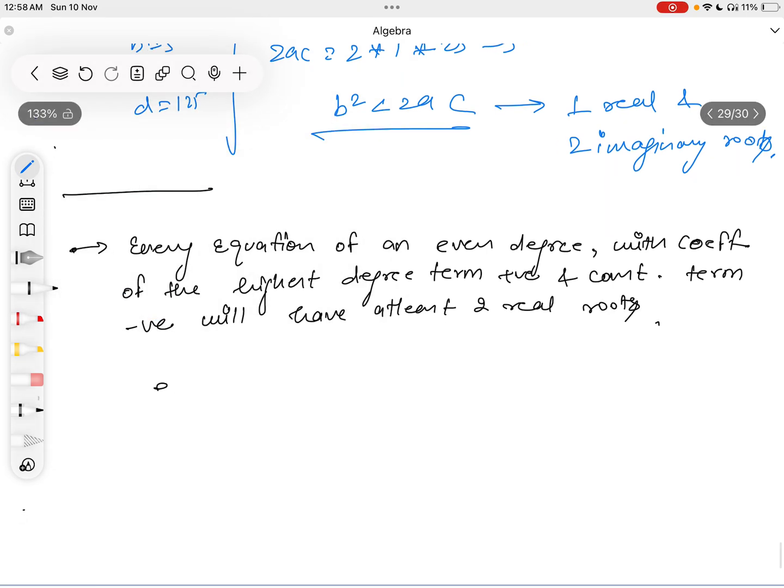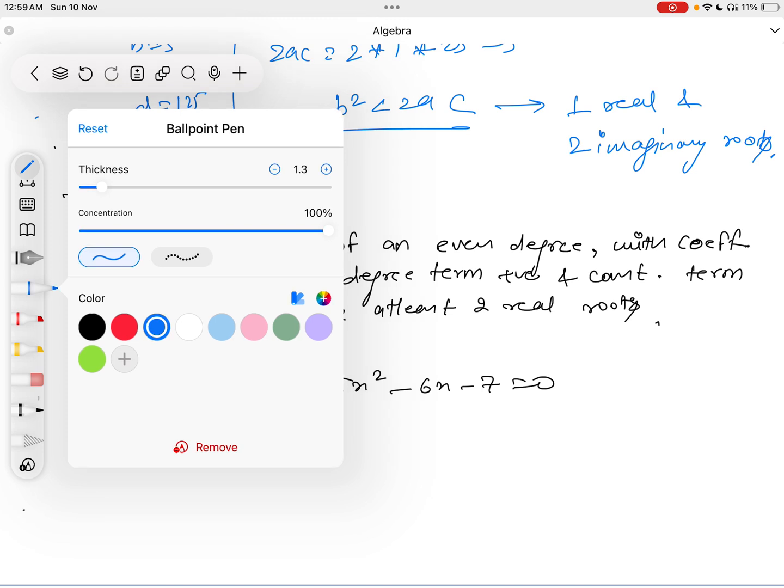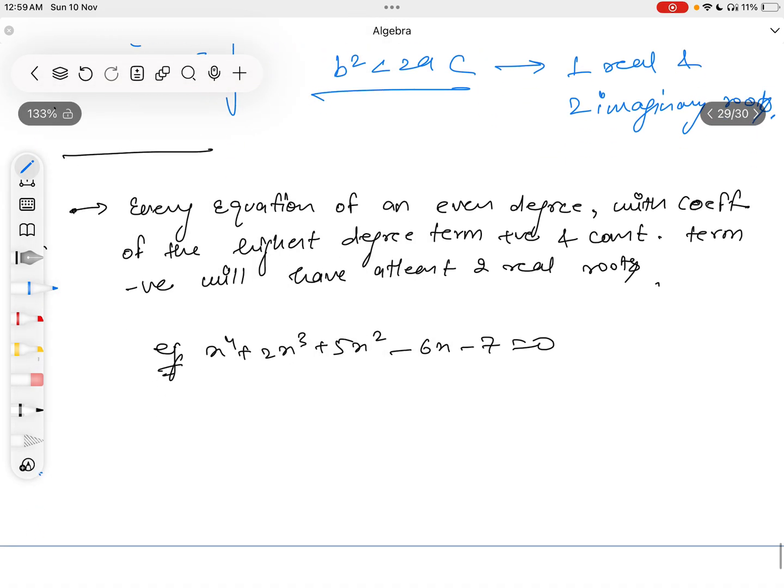So let's say I have an equation like this: x to the power 4 plus 2x cube plus 5x square minus 6x minus 7 equals 0. In this, if you check, highest degree term positive, yes, this is positive. Constant term negative, yes, the constant term is negative.